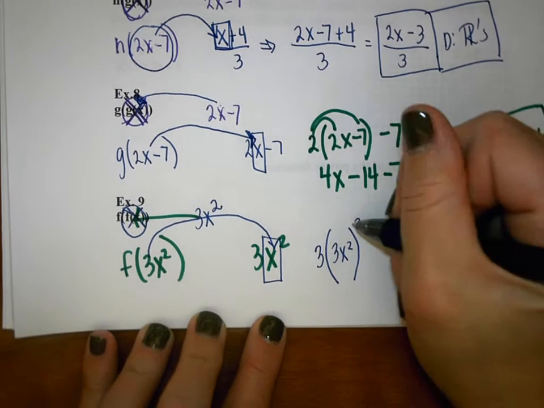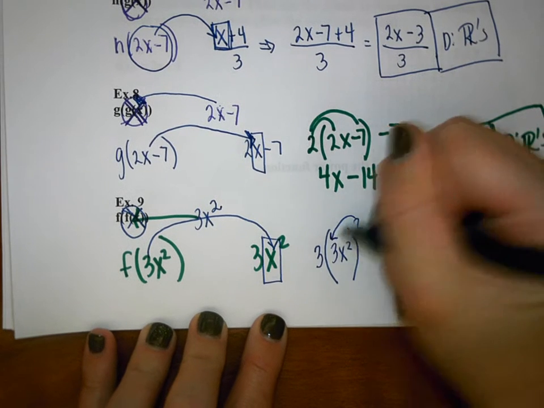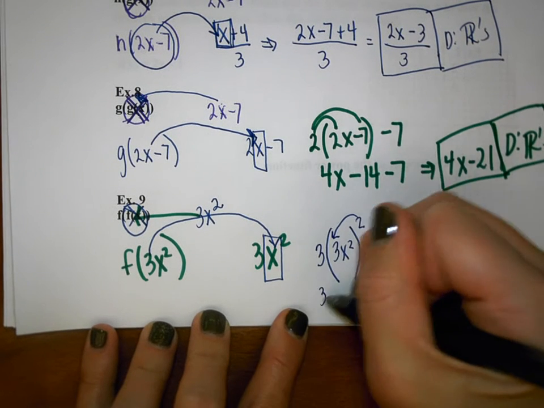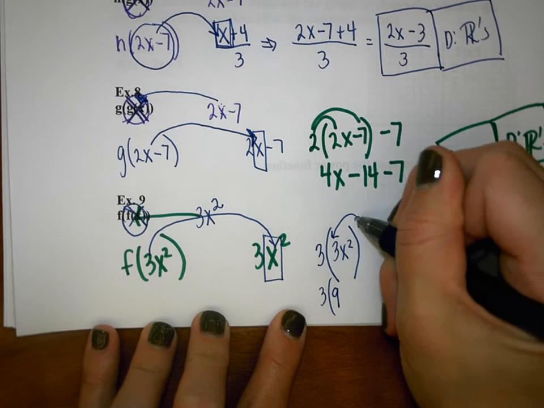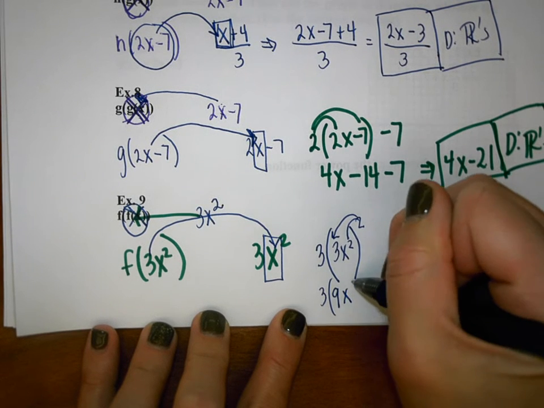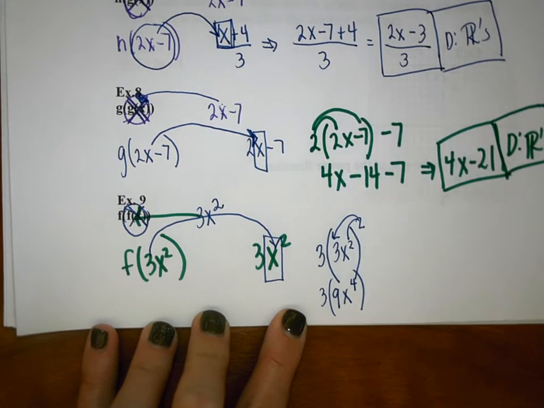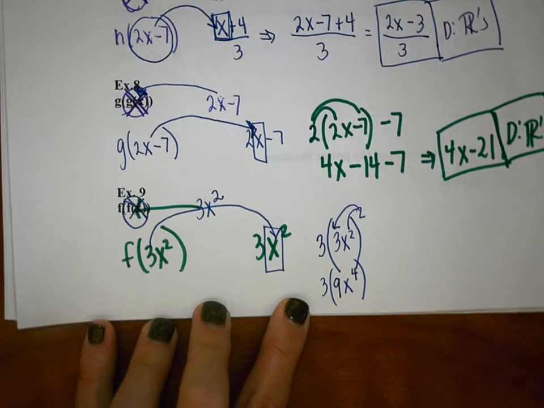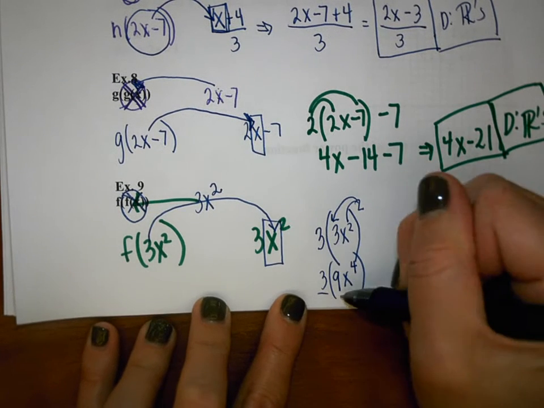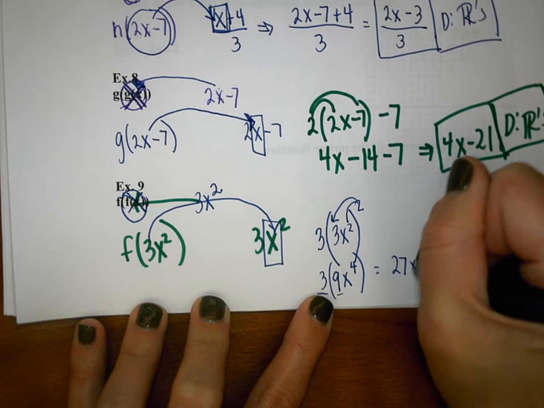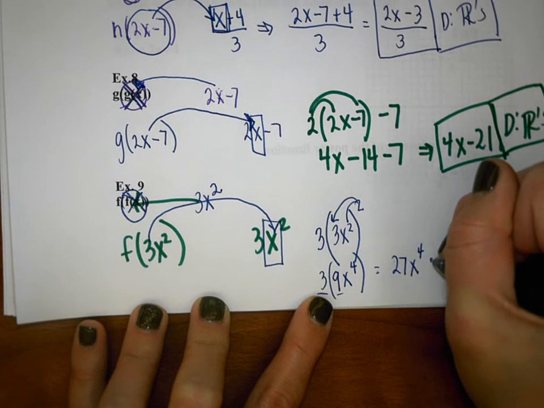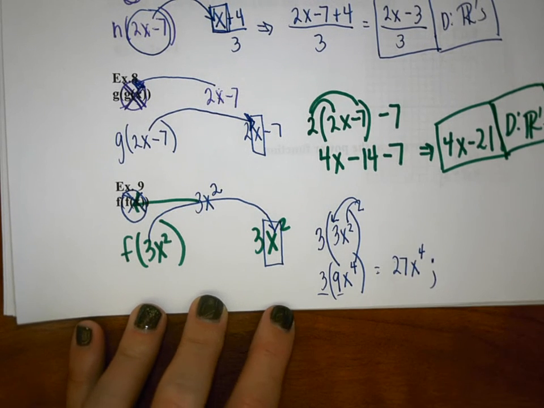So we go through here, and I still have this 3 that's on the outside, and then when I square that 3, it becomes 9, and when you square x squared, it becomes x to the 4th. And then now we can multiply 3 times 9, which is 27, x to the 4th. And then our domain.